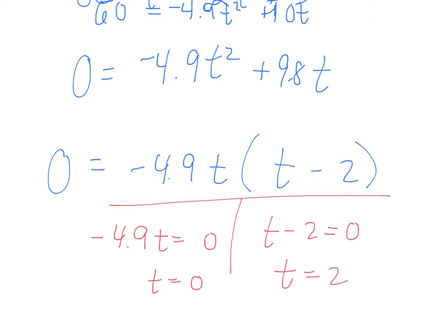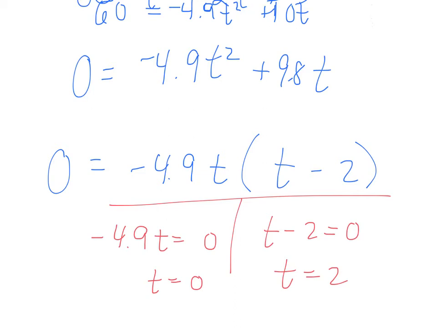Now, what is the significance of 0 as an answer? 0 represents the time exactly when it starts going up. Yeah, 0 really means the beginning of the scenario. When the rocket starts, where is it starting from?